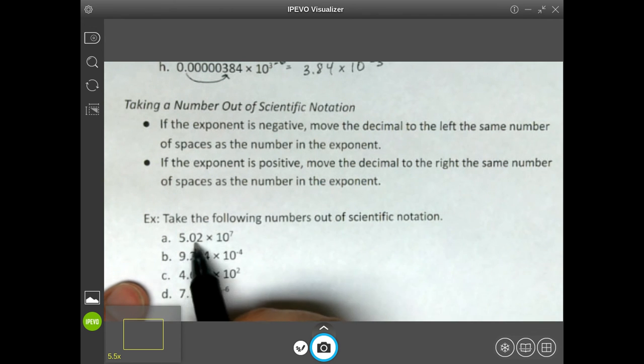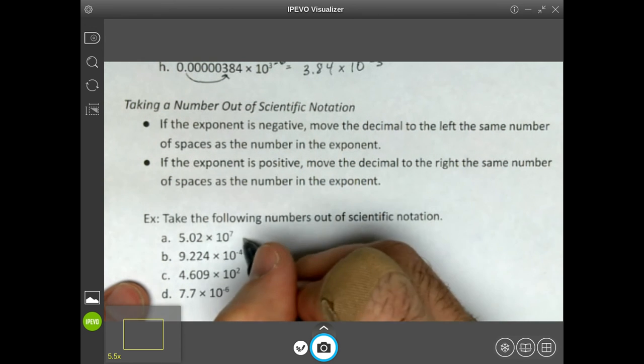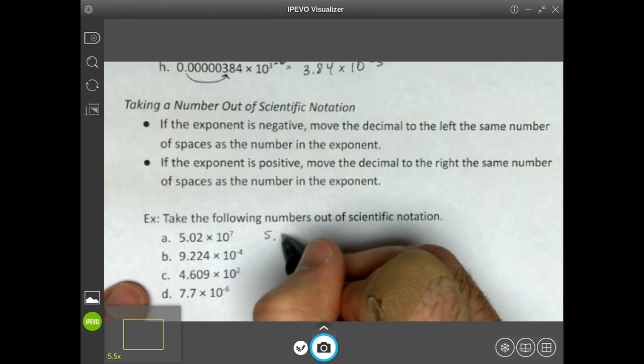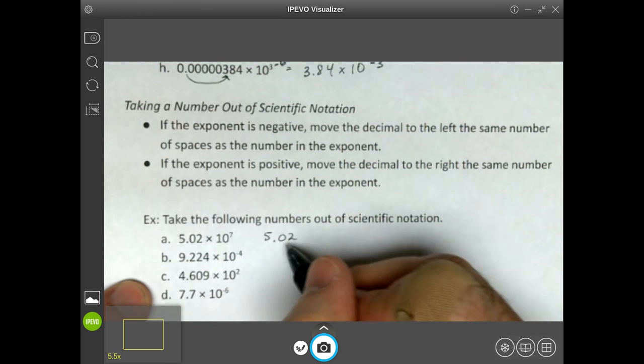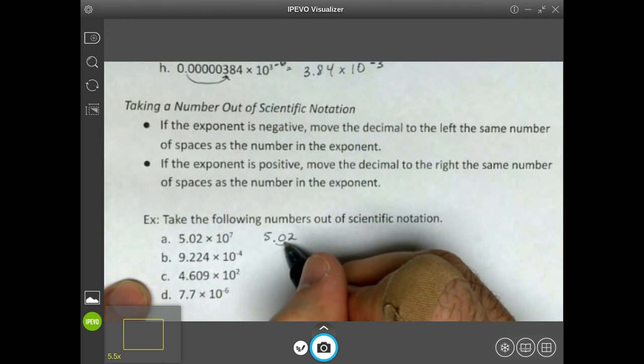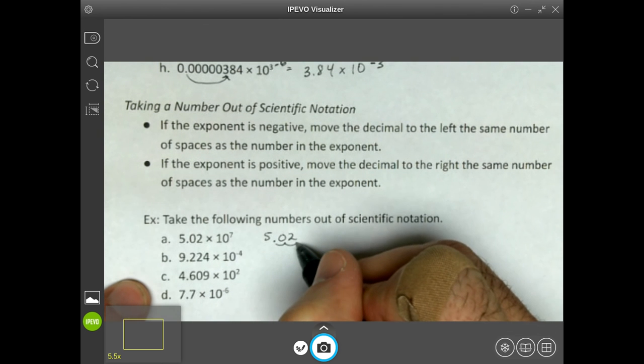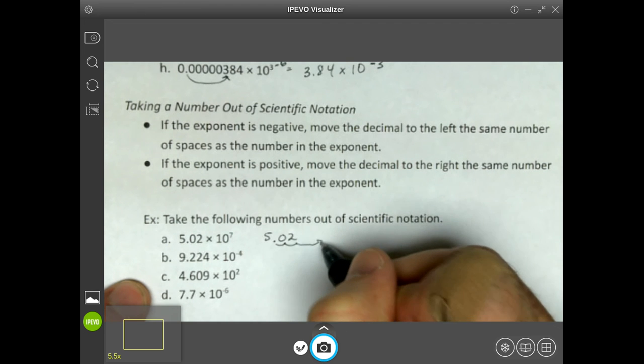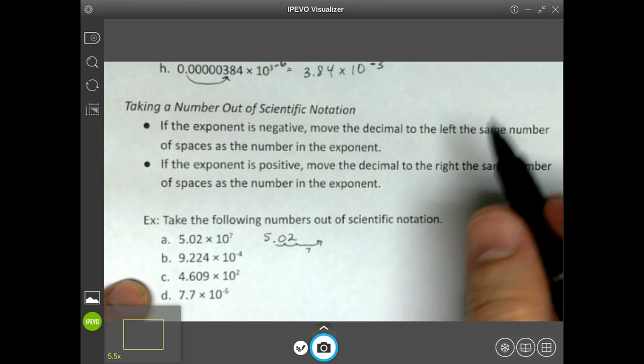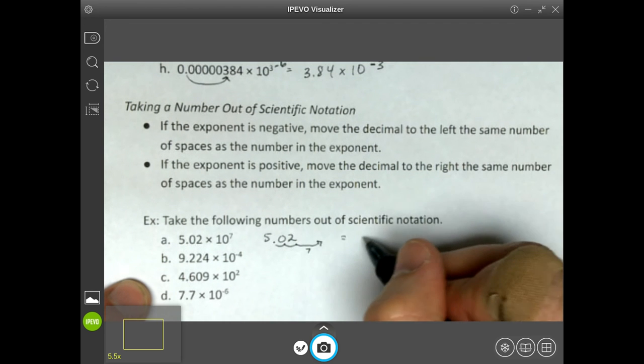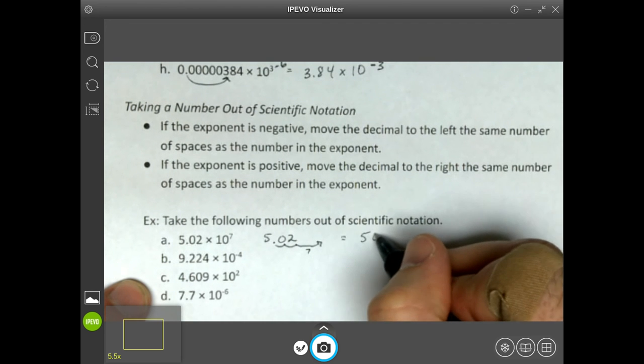So 5.02, we've got 5.02 times 10 to the 7. So we're going to move it 7 to the right. So 1, 2, and then 7 more. So we get 5, 0, 2.